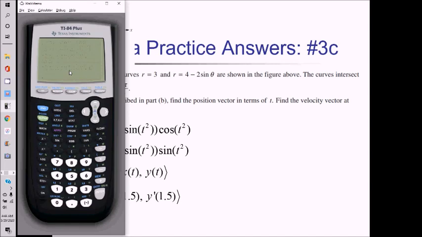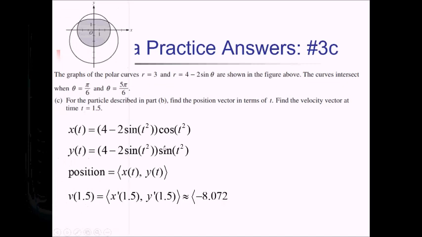Quitting out of there, I'm going to take the derivative of x at 1.5, so math 8 dx, and I'm going to do alpha trace y2 because that's where I stored x of t, and we're doing that at 1.5. Pressing enter, I get a value of about negative 8.072. So I'll put that in my velocity vector.